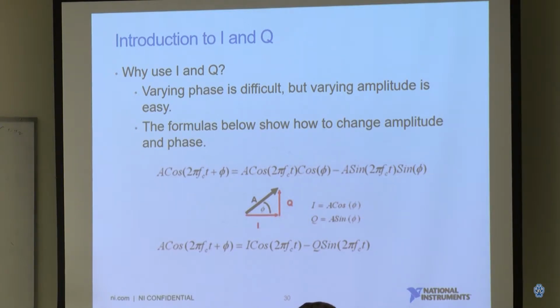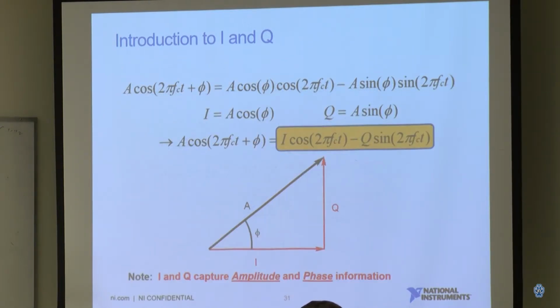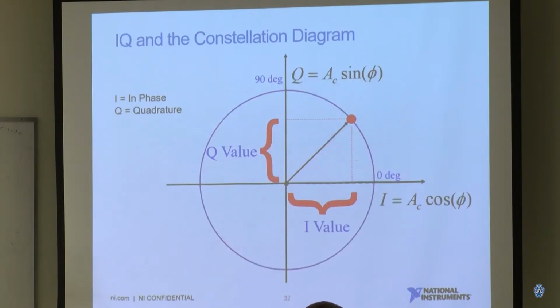And there's a reason why you want to do that. When you transform from a single cosine formula to I and Q with cosine and sine, it captures all the information we want, including the amplitude and phase information. So changing the formula won't hurt anything; we still keep the original information, and it gives us some benefit.